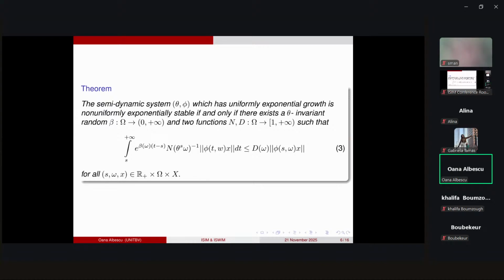It says that the system is non-uniformly exponentially stable if and only if there exists a theta invariant random variable beta and two functions n and d such that the growth of the system can be controlled in a specific integral sense.